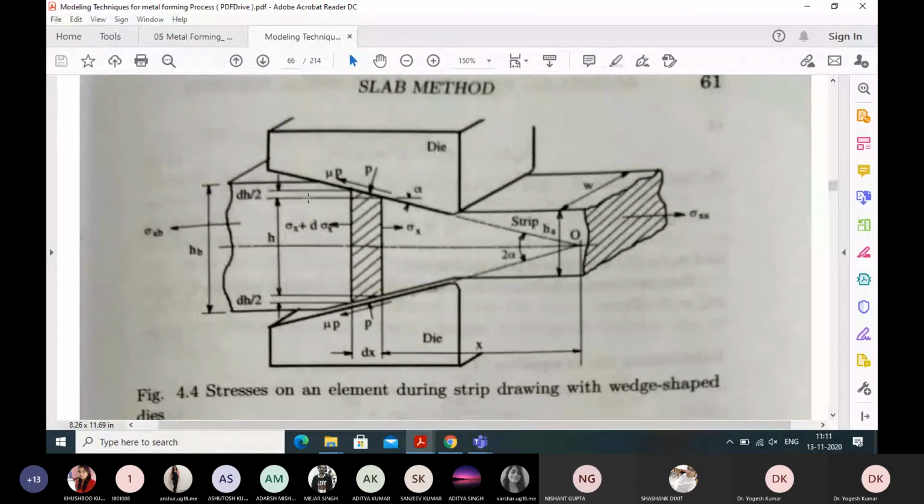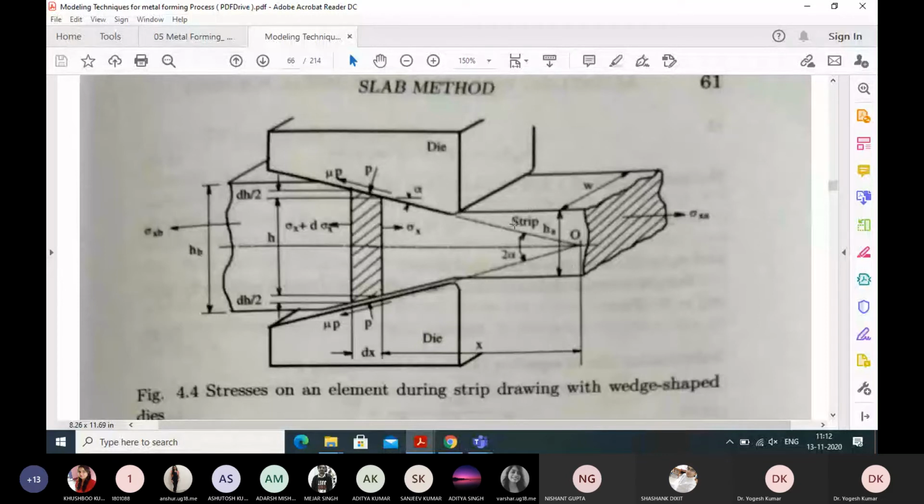If we complete this triangle, this is your origin O, and we are taking all dimensions from this origin O. So x has been taken from this origin O, and the thickness of this strip is dx.